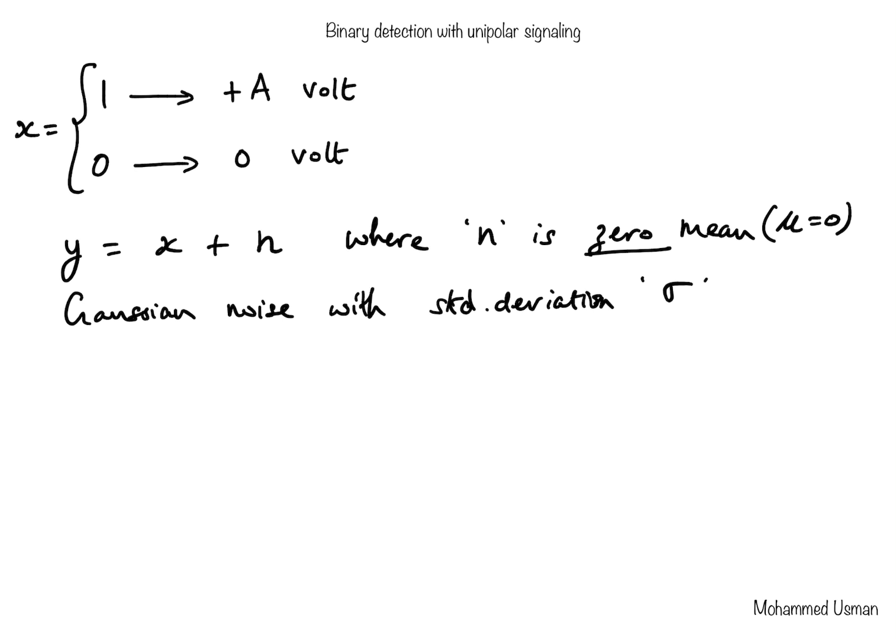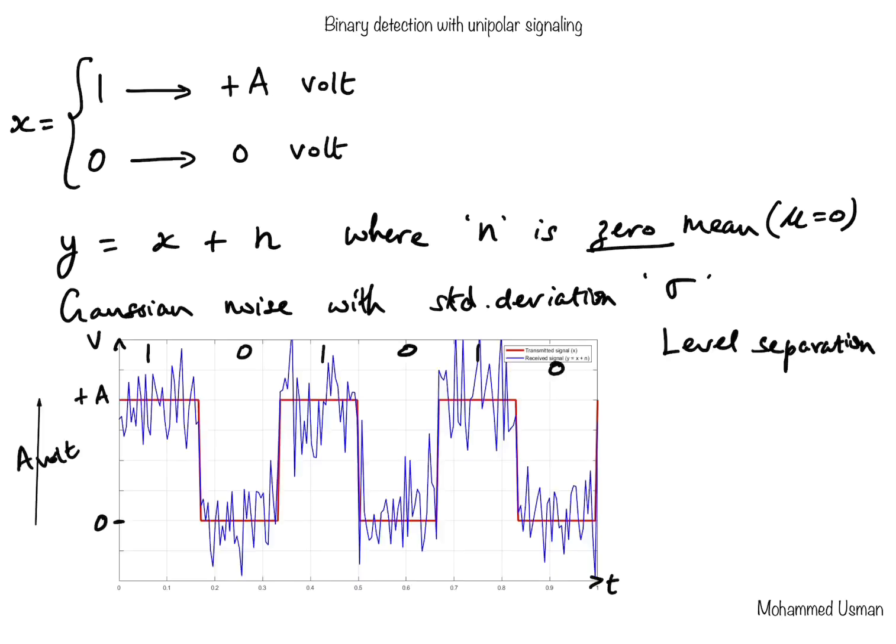So let us have a look at the plot of the transmitted and received waveforms in such a case. So we have the received signal, which is the sum of the transmitted signal plus noise, where the noise is 0 mean Gaussian noise with standard deviation sigma. Okay. Now for unipolar signaling, we have a 0 represented as 0 volt and the 1 as some positive volts, and that gives us a level separation between the two voltage levels of A volt.